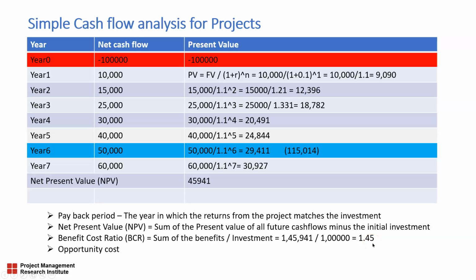That means for every dollar or rupee invested in the project, I will get $1.45 or 1.45 rupees as the return. If the BCR is greater than 1, that is a good sign. If NPV is positive, that is a good sign.